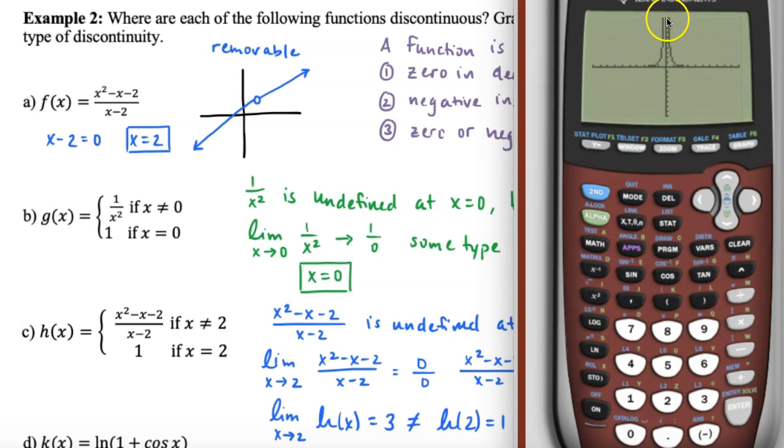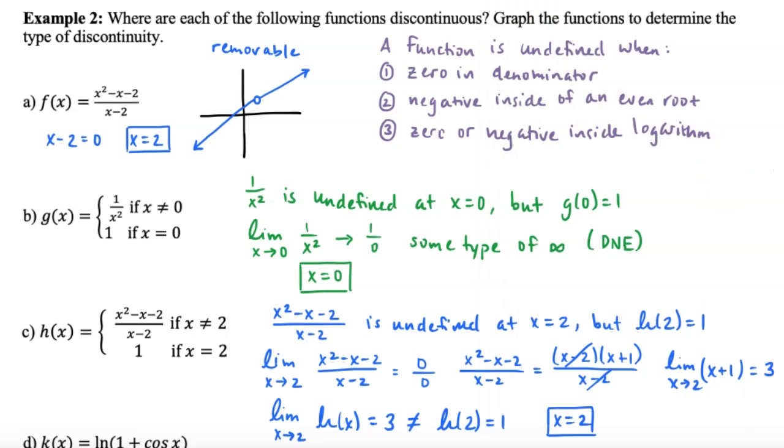One divided by x squared is going to look something like this. Here I see an asymptote along the y-axis. So let me do a very rough sketch of this.